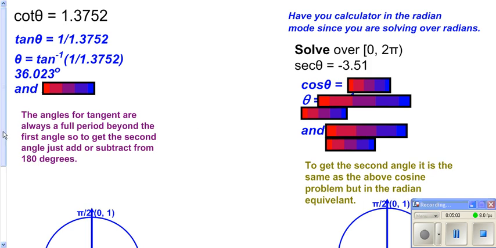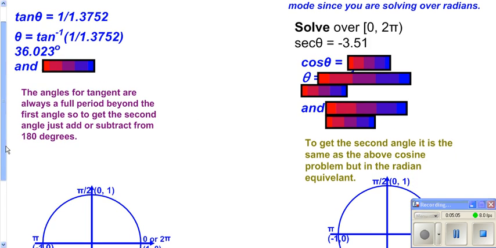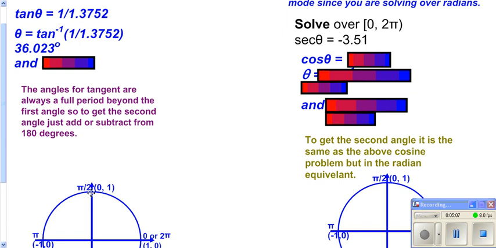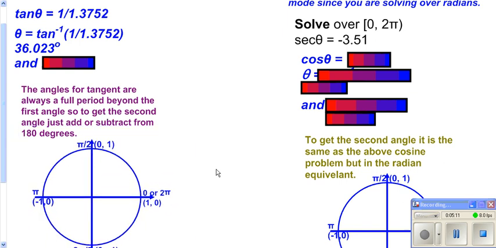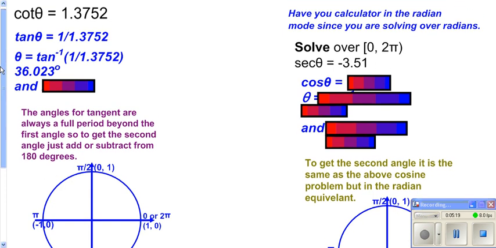Now, tangent, because our period is 180 degrees, all we have to do to get our second answer is to either add or subtract 180. If we subtracted 180 from our 36, it would give us a negative angle.